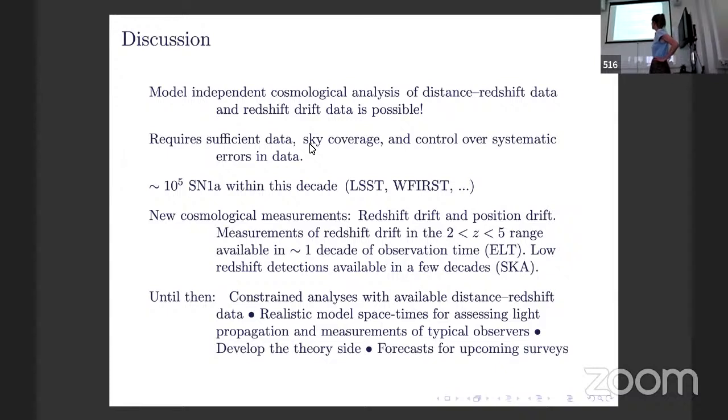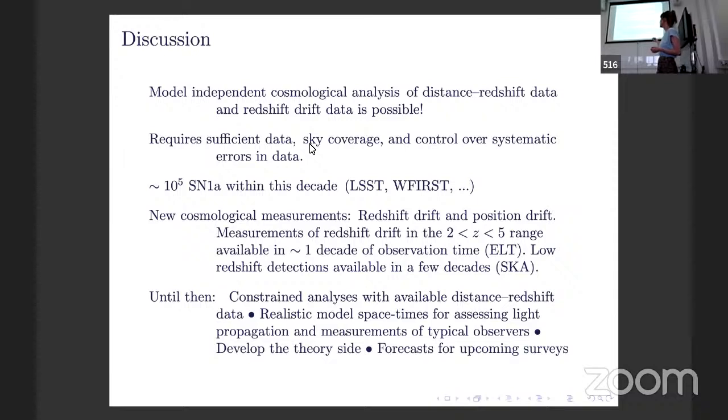So I would just like to stress that model-independent analysis of cosmological data is possible. This requires sufficient data, control over systematics in this data, and sufficient sky coverage. So this is going to be interesting for upcoming surveys of, for instance, supernovae, where we're going to have access to hundreds of thousands of supernovae within 10 years.